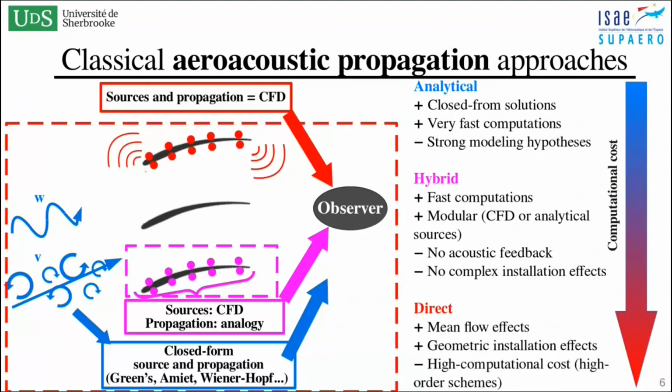In order to take all this complexity into account, we have to go to the so-called direct approaches, where we now resolve at the same time both the acoustic source and its subsequent propagation to the observer. This is done through high-fidelity numerical codes. Of course, the main drawback is that, because these codes need low dissipation and low dispersion properties, we need to use high-order schemes, and therefore this has a very high computational cost.